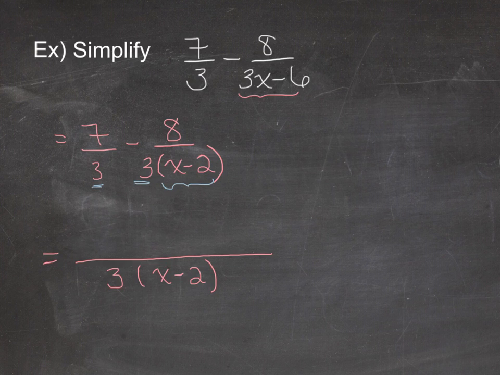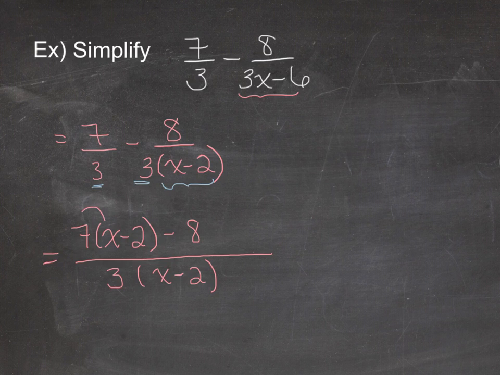So now when I'm making adjustments to my numerators to keep everything equivalent, I have 7 over 3, so that was missing the x minus 2. So I'll have to have 7 times x minus 2, and then minus 8, and it was over 3 times x minus 2, which is my common denominator, so it wasn't missing anything, so that's it. It'll just be minus 8.